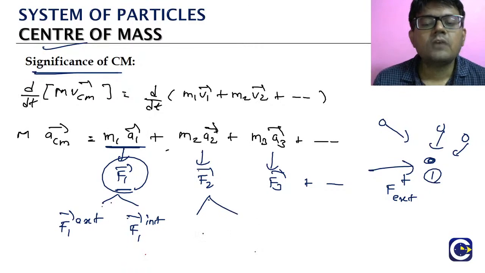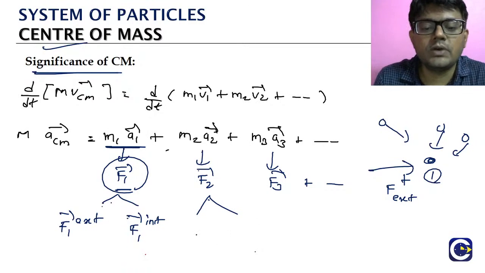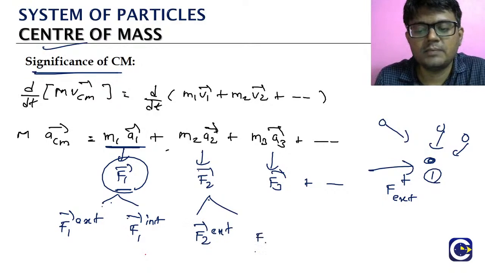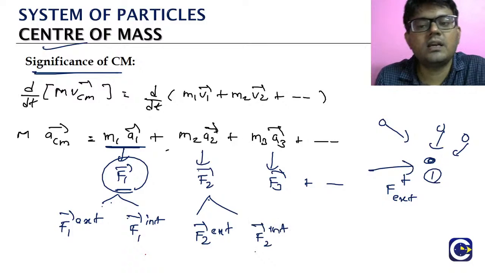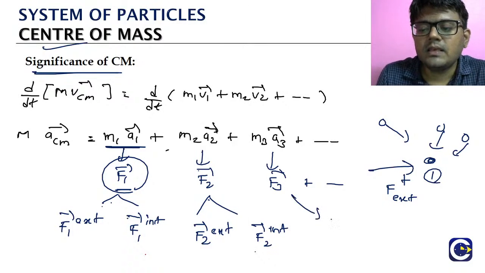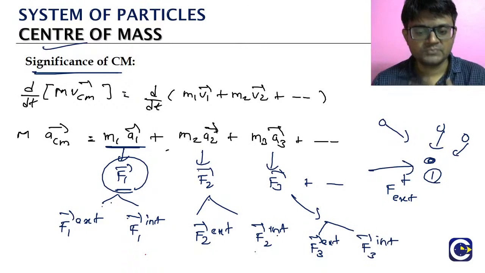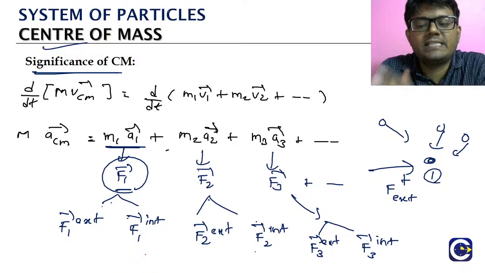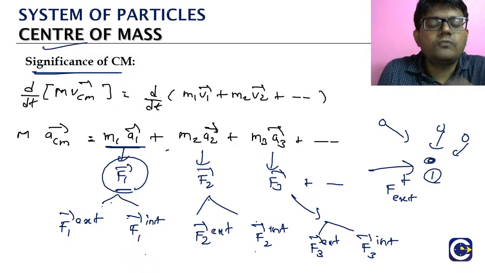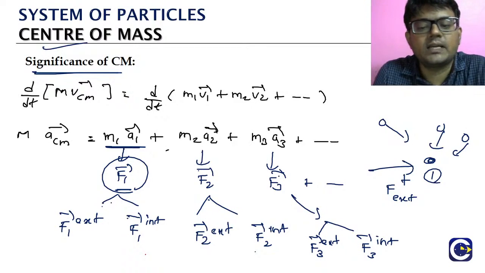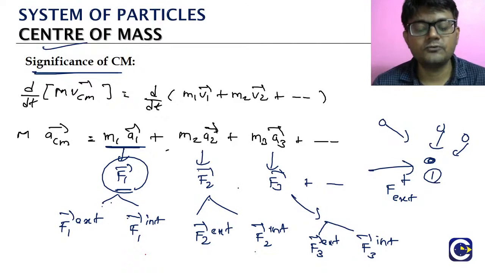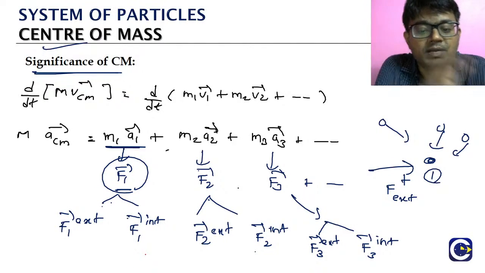Here also it is the same. The force acting on particle 2 has the part coming from external sources and the internal part. Here also it is the same. So the force acting on particle 3 has an external part and an internal part. Okay, so F1 plus F2 plus F3 is the force acting on particle 1 plus force acting on particle 2 plus force acting on particle 3. The force has external components and internal components.